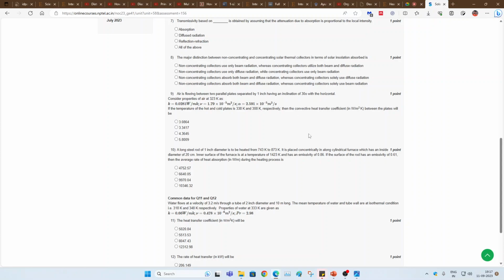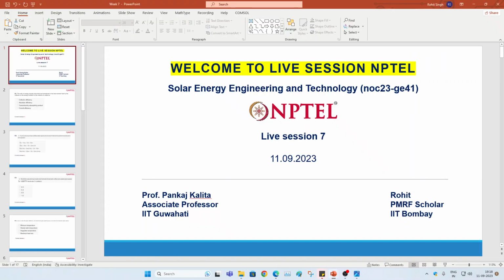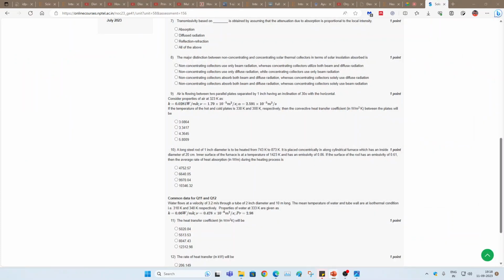What is the 30 degree? If there are two plates and each is inclined at 30 degree, then the forces will be inclined, so you can take a component of those forces.